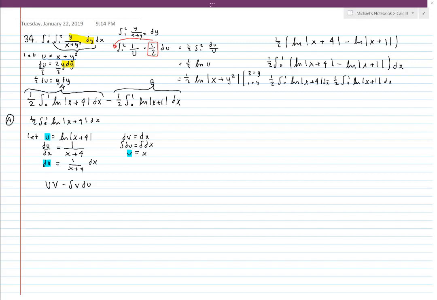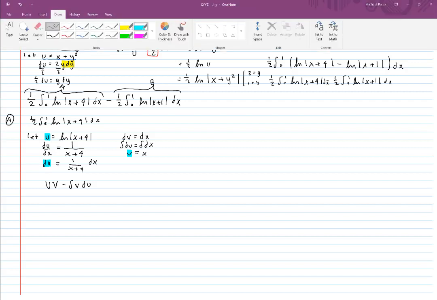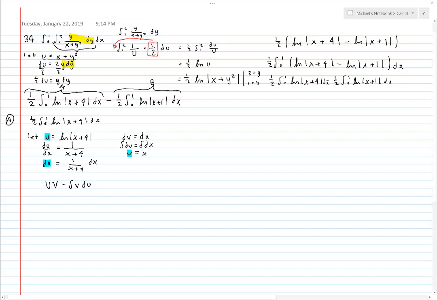So what you're going to do is you're going to plug that all in, and notice that we're still working on integrating it.